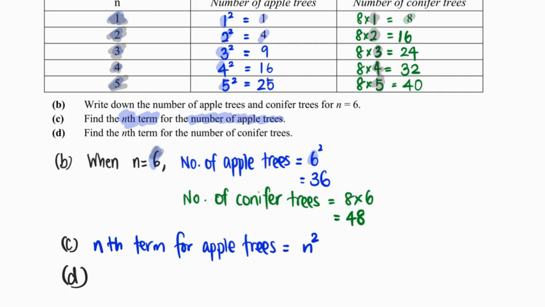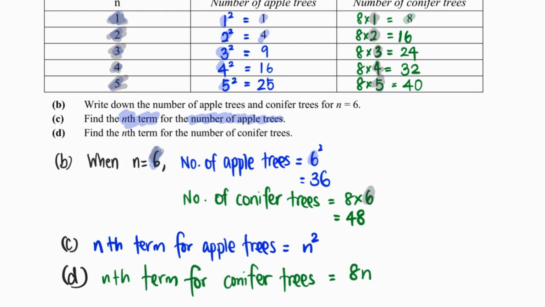So 6, 8 times 6. And therefore the n term for conifer trees, 8 times n. And brilliant! And with that, that will be the end term for the number of conifer trees.